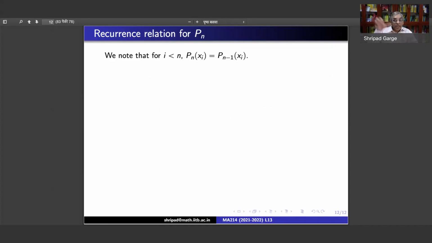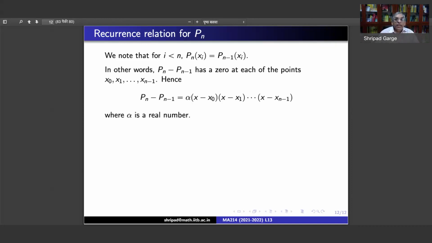We have added another node xn, and therefore we got another polynomial Pn, right? So Pn and Pn minus 1, they will have to agree on the first n nodes. That means if you take the difference of Pn and Pn minus 1, then this difference has to vanish on these endpoints x0, x1, dot dot dot, xn minus 1. On these endpoints, this difference has to vanish.